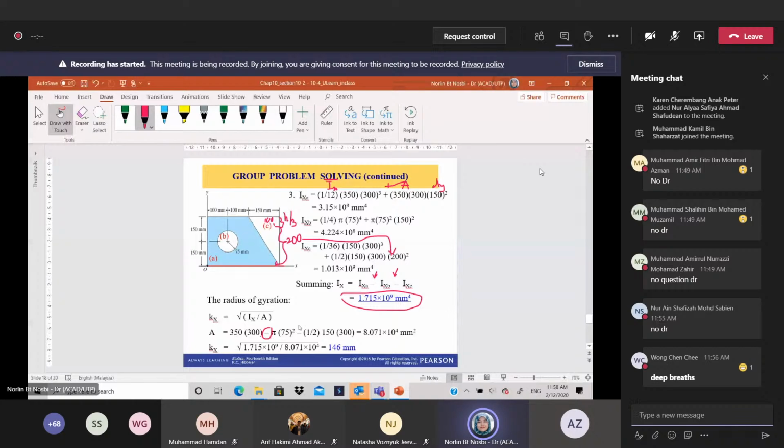Don't forget about these two important things. Also, if you solve the question and don't do this, you will get 146 mm.